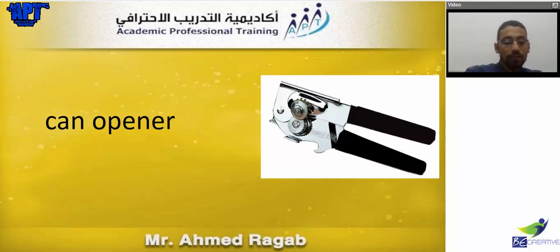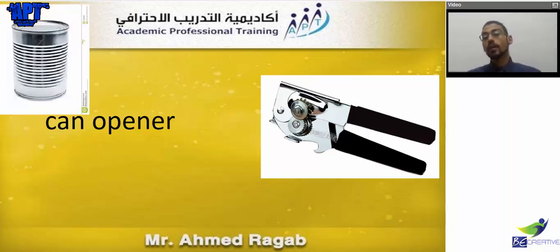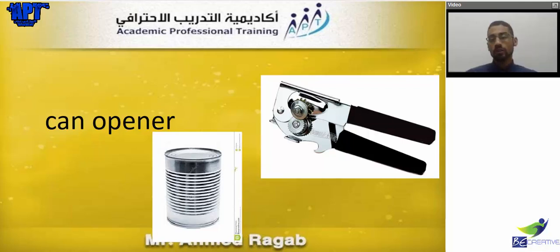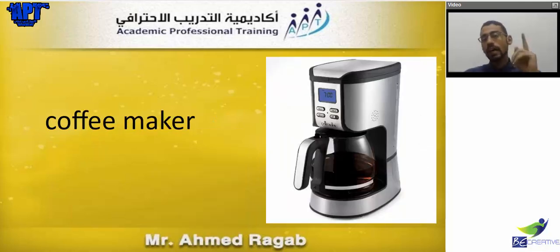Let's see a picture for a can. Oh, this is a can. A can opener opens the can. It keeps a tin. This is the can, so a can opener. Okay, now let's go next.